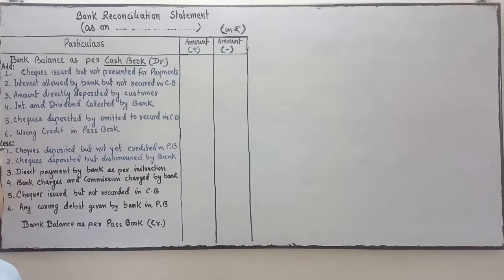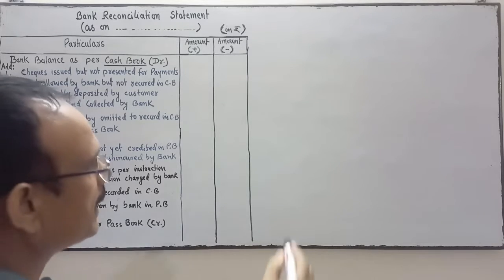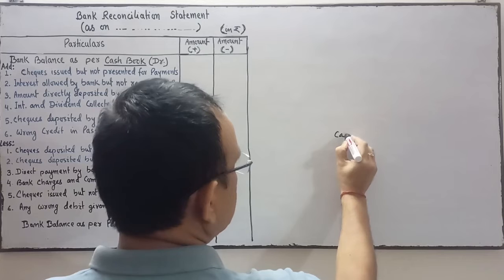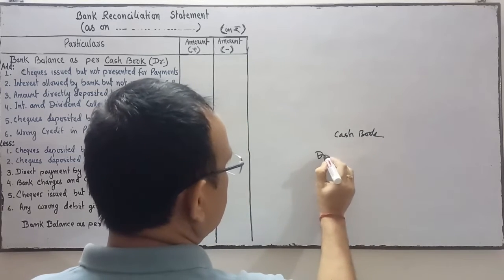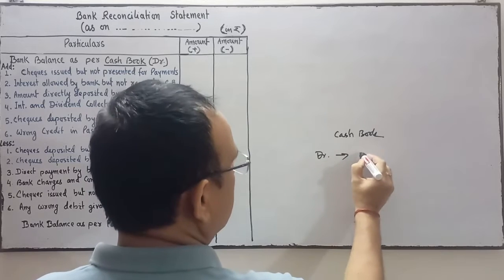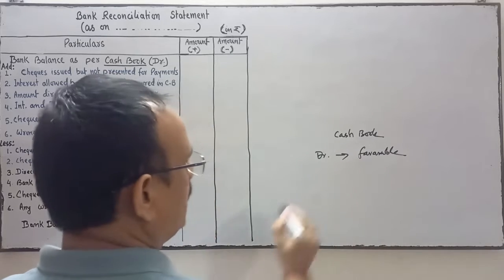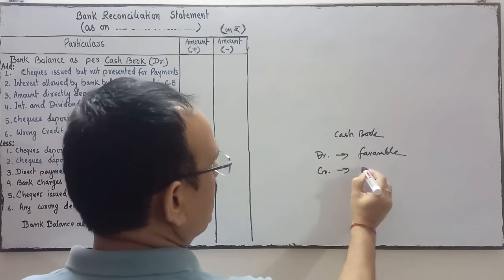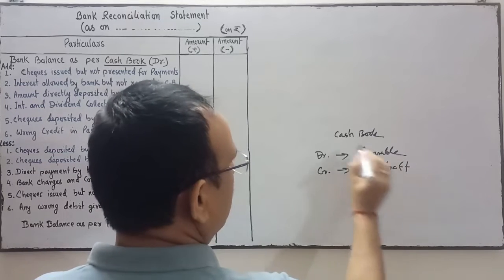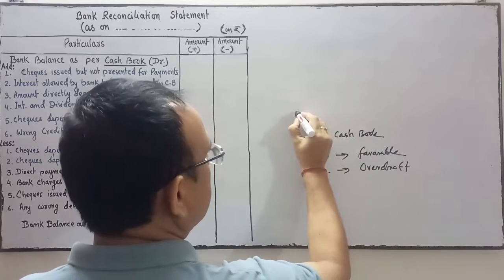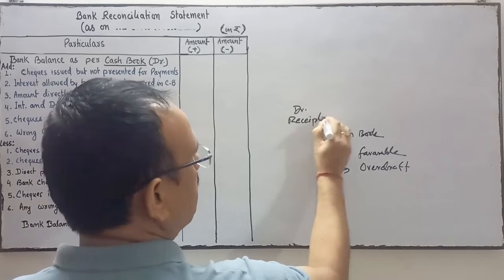Then next we see whether the bank balance as per cash book is favorable or overdraft. You know that a debit balance in the cash book is favorable, and a credit balance in the cash book is overdraft, because in the cash book we write receipts on the debit side and payments on the credit side.